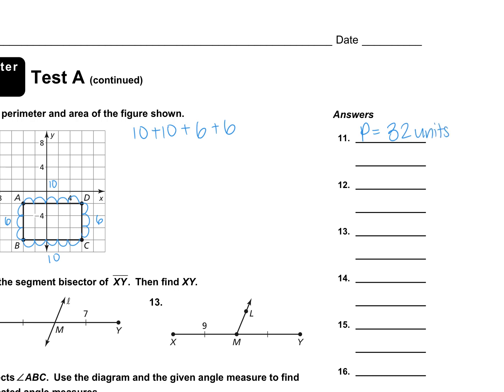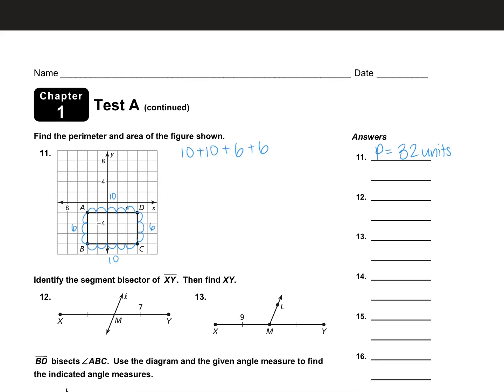I'm just kidding. Squared is always for area, so it's just units. If we don't put units, would that be wrong? No, it's fine. I won't count you off for that.